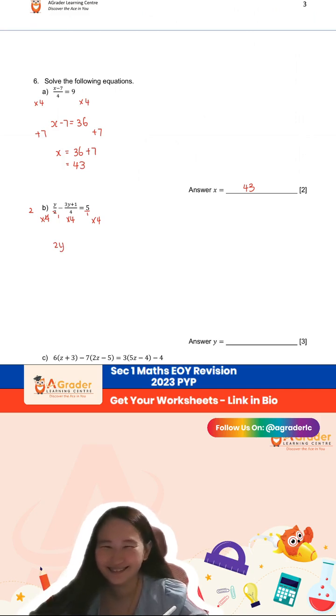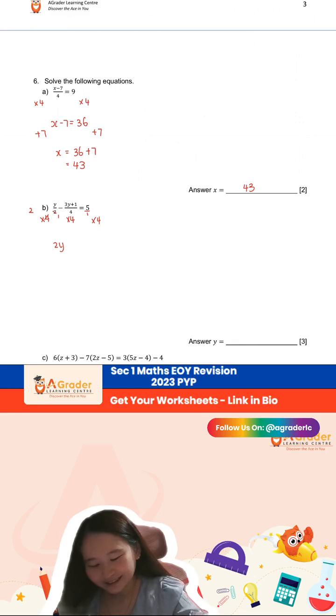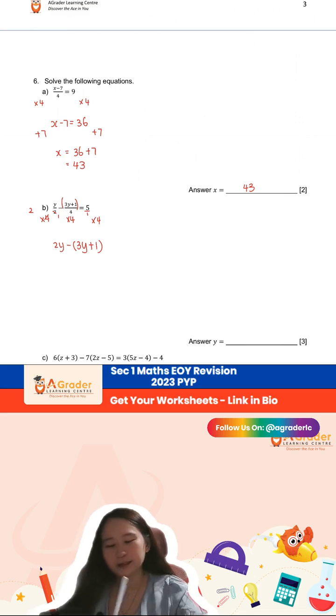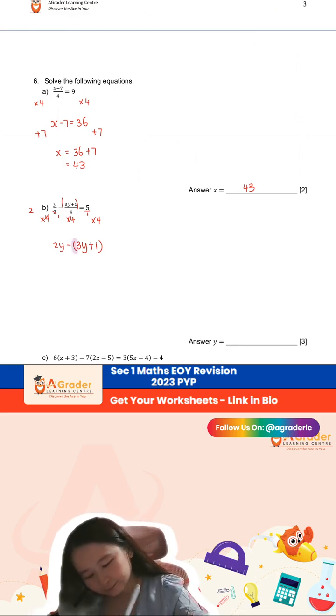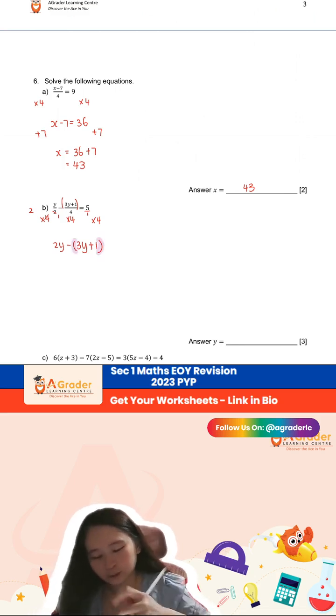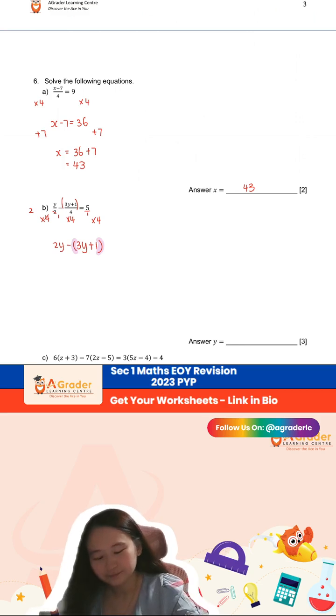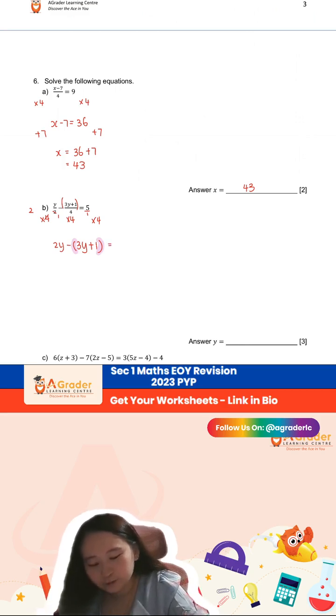Then for the second part, don't forget your bracket. You're left with 3y plus 1. The bracket is very important here, because without the bracket, you will change the sign of the plus 1. Equals to 5 over 1 times 4, you get 20.